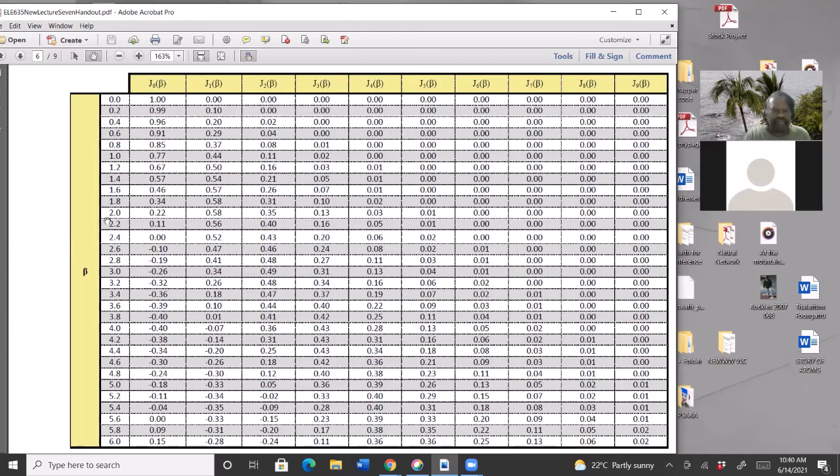Beta is 2. It dies down after 5Fm. So there is 5Fm this way and 5Fm that way. We should have 10Fm. After that it is all zeros.